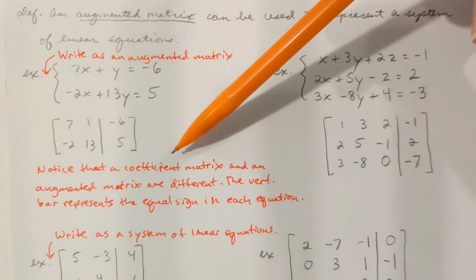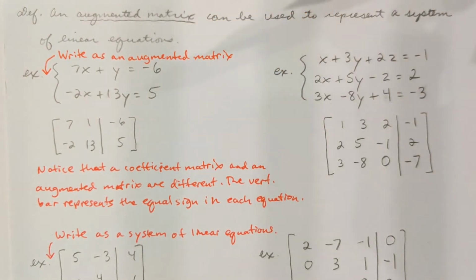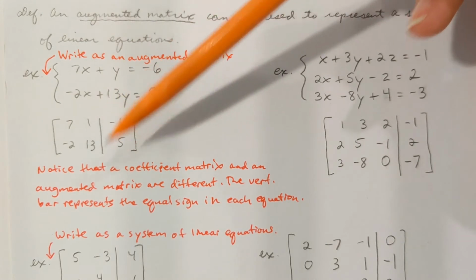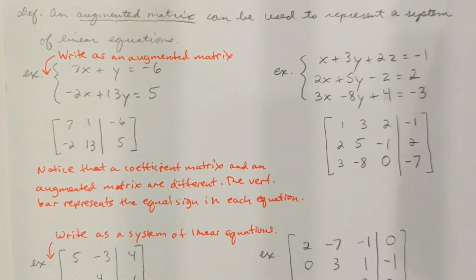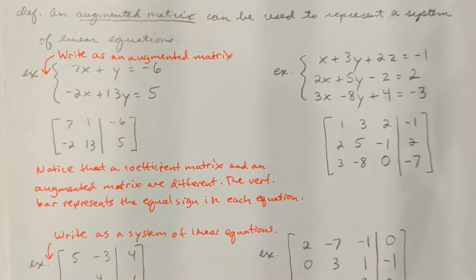Now, notice that in an augmented matrix, I've got this vertical bar drawn. That's a necessary thing to have. By the way, the vertical bar represents the equal signs that would be in this system. We don't write equal signs in a matrix. We use this vertical bar instead. It's a notational thing.